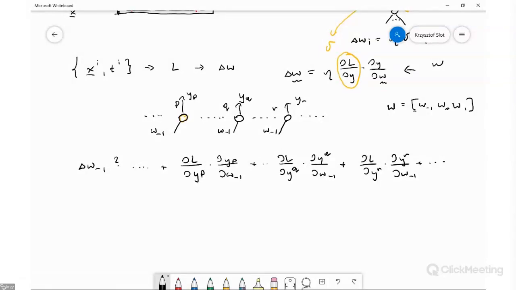But now, if I would like to know what is a derivative of a loss with respect to a particular weight, you see that this will be a composition of different terms.